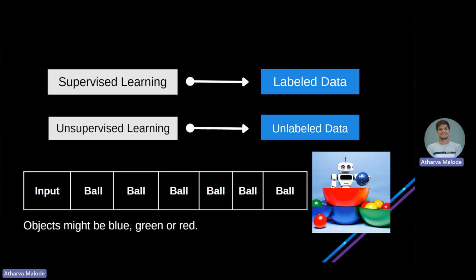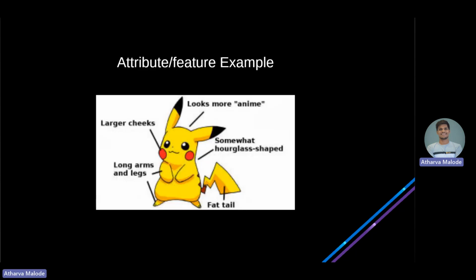The algorithm is going to predict on its own. So we don't have labeled data. If in this case the data had been labeled, then it would be red ball 5, green ball 6, and yellow ball 3. Each and every ball would be assigned a color. I hope you got an intuition of what supervised and unsupervised learning are.